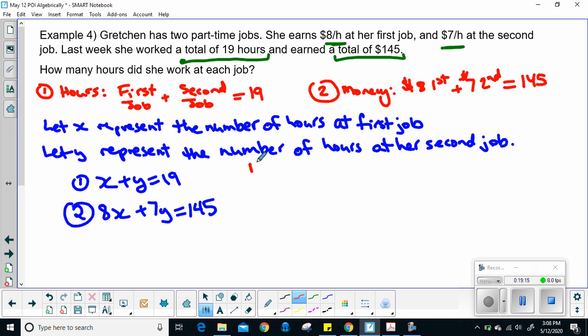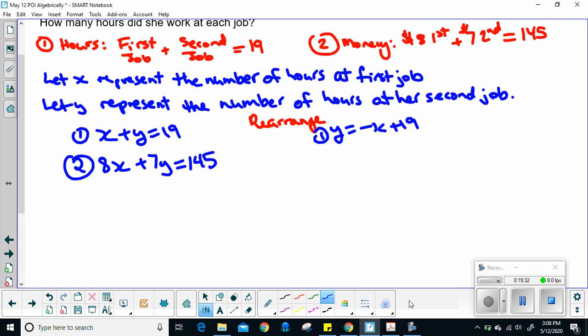Okay, so let's rearrange. So equation 1 is going to become y equals negative x plus 19, because I have to move the x to the other side. So there's equation 1. Equation 2 is going to be a little bit trickier, so let's give ourselves a little bit more space here. We got to bring our x to the other side, so minus 8x to both sides.